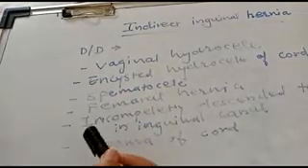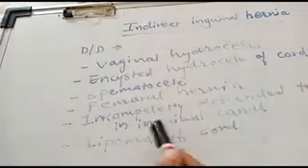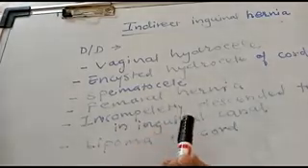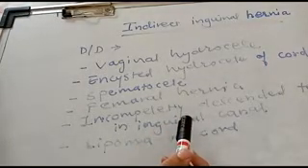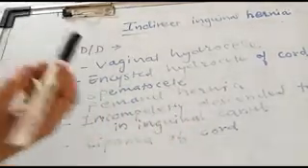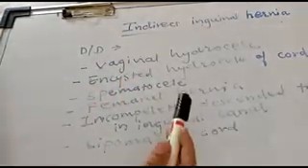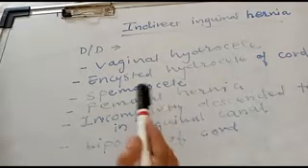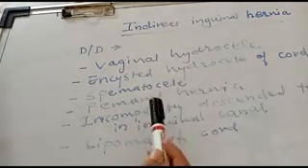Incompletely descended testis lies in the inguinal canal; if the testis is not present in the scrotum, then it can be diagnosed with the help of that point.